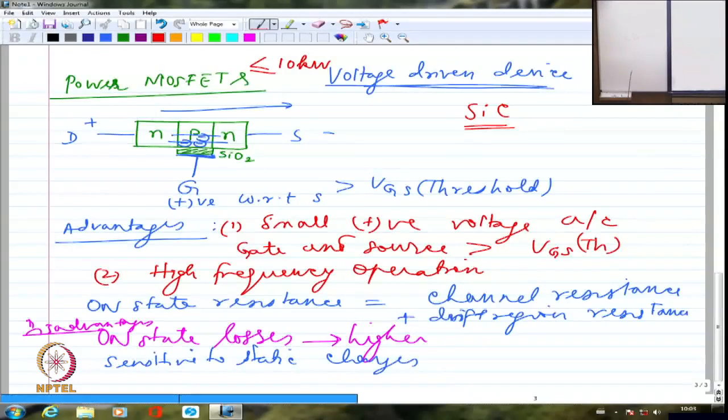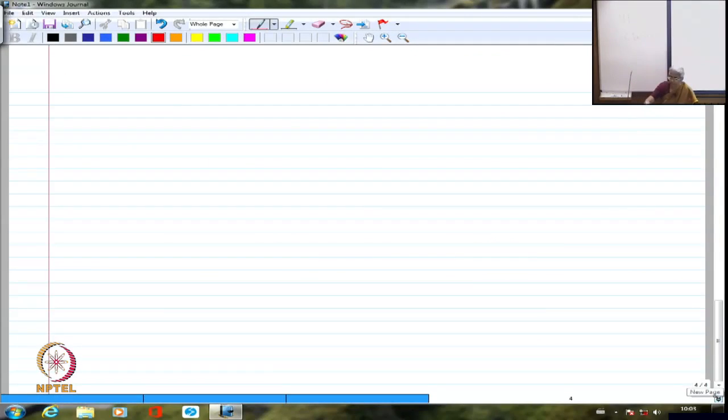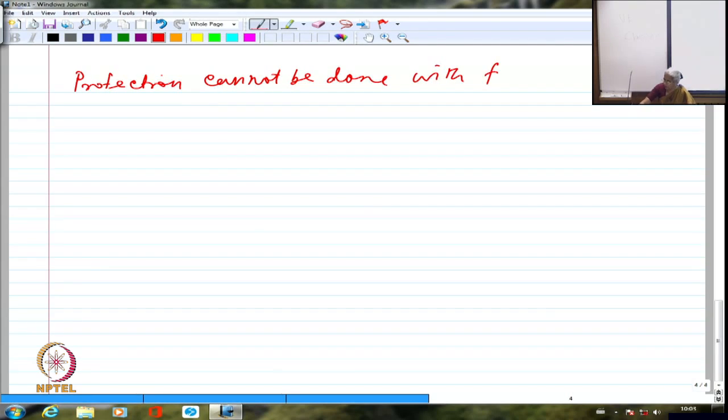In this case also, because MOSFETs work very fast, protection cannot be done with fuses. So continuously the voltage and current, both of them, have to be monitored. Same as BJT, it's not really better than that in terms of protective features.